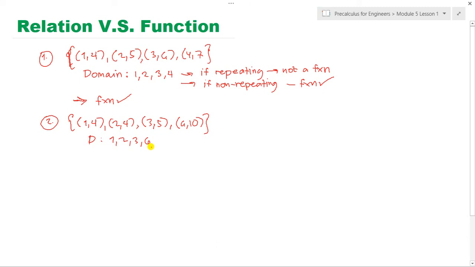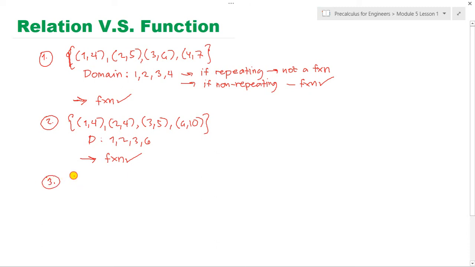So based on our judgment, class, is this a function or not a function? Okay, function, because there is no value of your domain that repeats twice or thrice or more. So this is a function. How about this?